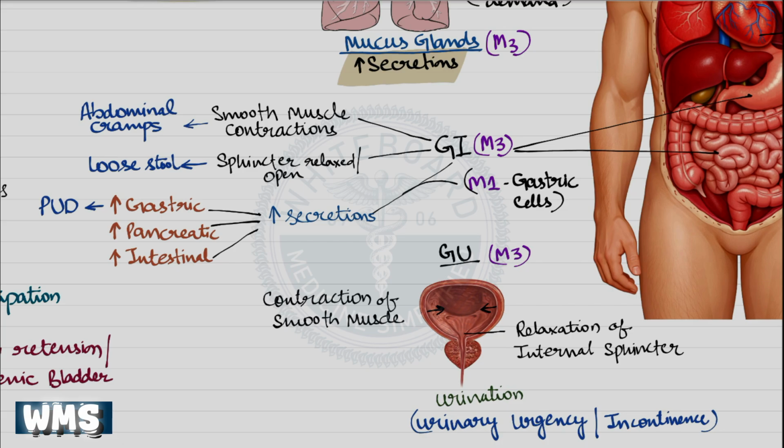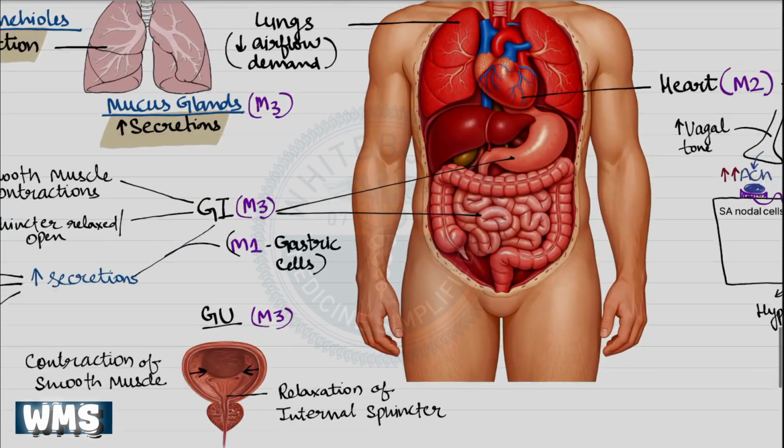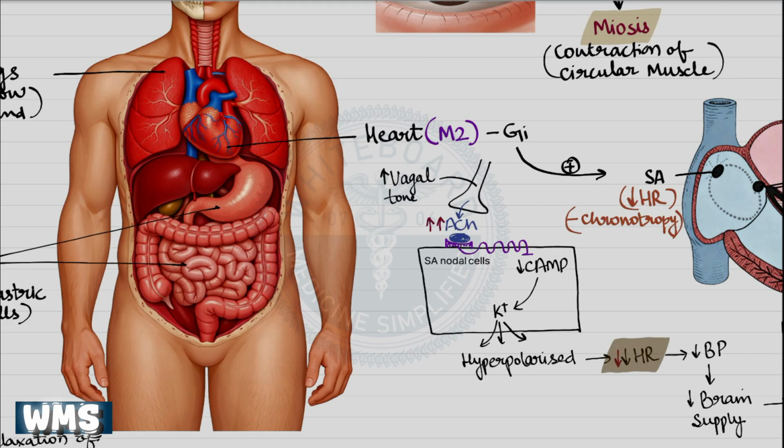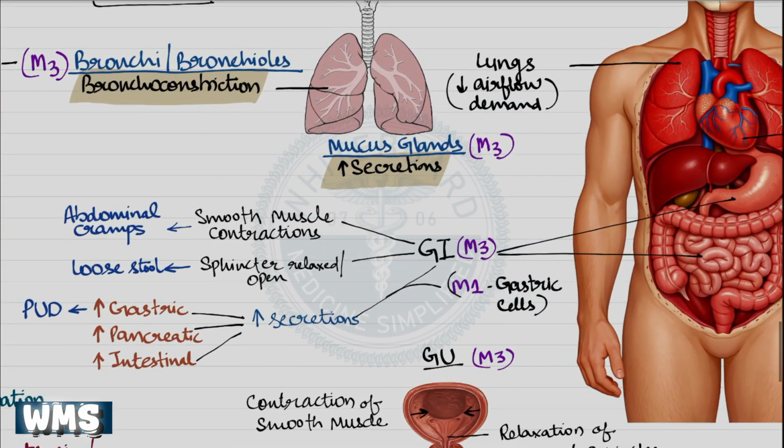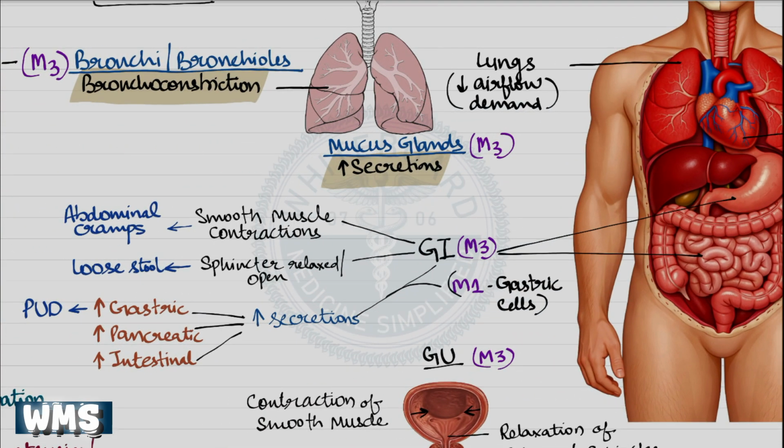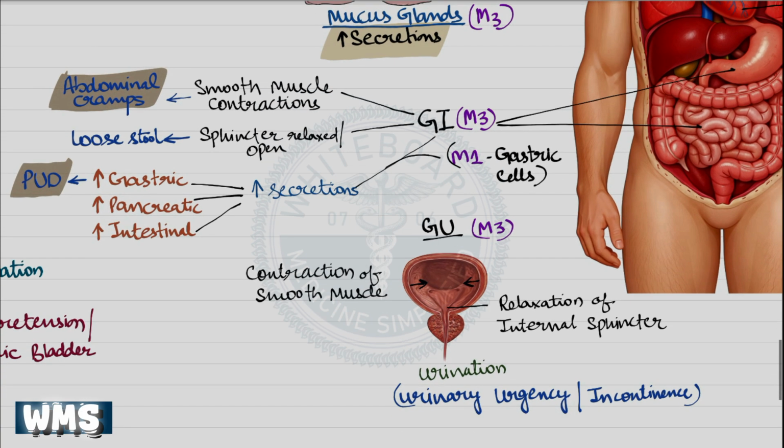So if we try to use it for constipation, we would also produce unwanted systemic effects such as bradycardia, bronchoconstriction, excessive salivation, abdominal cramps, peptic ulcer disease, and even urinary urgency. That's why, instead of muscarinic agonists, we prefer safer and more targeted laxative therapies for treating constipation.